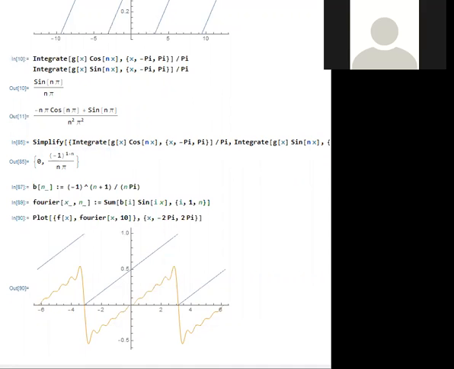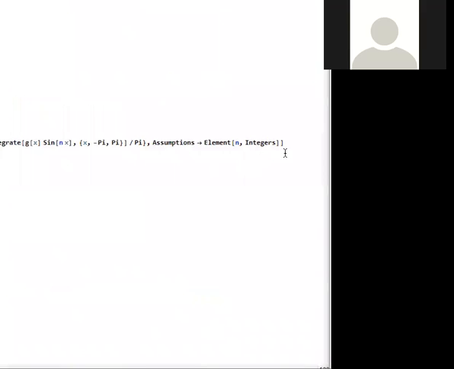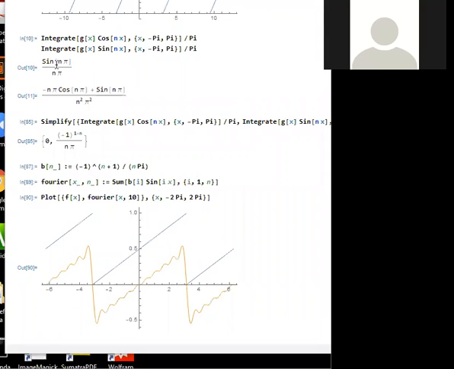Here's the first integral, here's the second integral, and with Mathematica, I can say the assumptions are that n is an integer. And when I make that assumption, Mathematica says, well, then all of this sine stuff here just goes to 0, because sine of integer multiples of pi are 0. So it gives me 0 here. And then all of this stuff here goes to negative 1 to the n plus 1 over n pi, which is what we had in our notes.